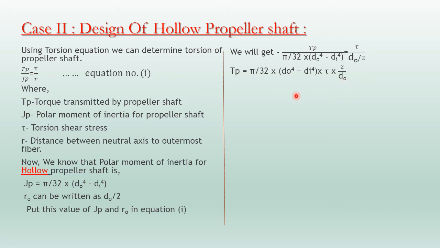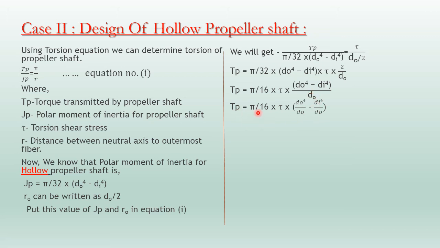What will cancel over here? 32 with the 2, so you will get 16 over here. Tp equal to pi by 16 into tau into Do raised to 4 minus Di raised to 4 divided by Do. Let's do some mathematical calculation over here for the simplification purpose.